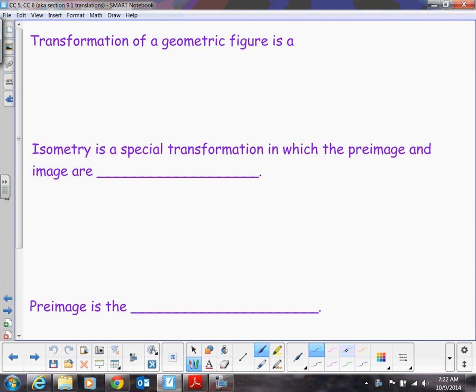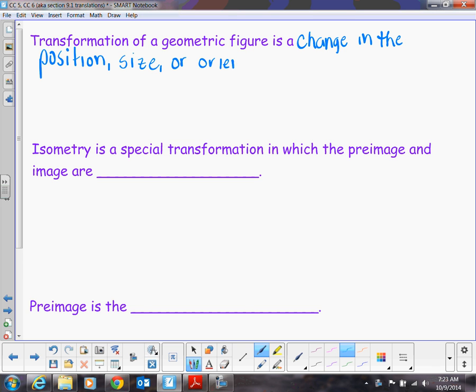Transformation, we will be doing 4 or 5 of them. A transformation of a geometric figure is a change, and I have posted these PDFs now, in the position, size, or orientation of a figure.